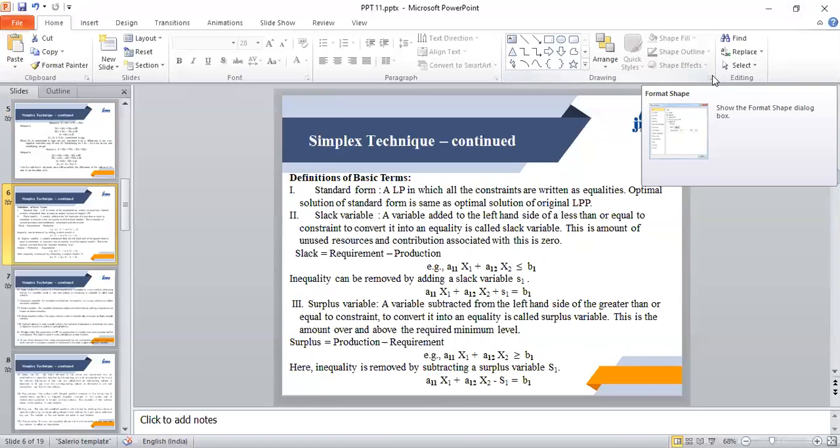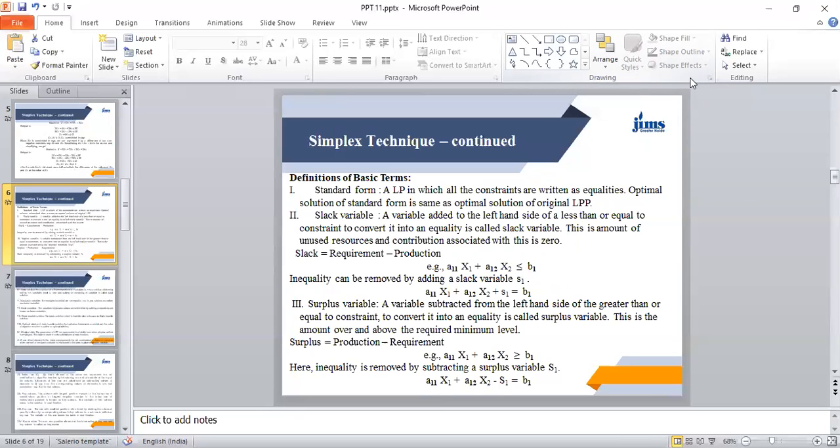We come to certain basic terminology. One is standard form: a linear programming problem in which all the constraints are written as equality is called a standard form. The optimal solution of the standard form is the same as the optimal solution of the original linear programming problem.